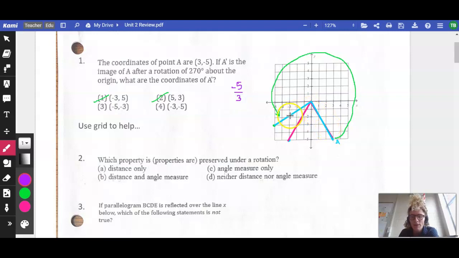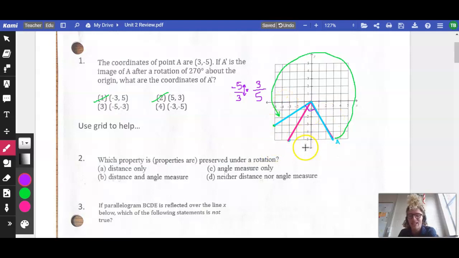The slope of this line, this one right here, is up 3 over 5. I can see that these numbers have flipped and the sign has changed. It went from being negative to being positive. That tells me for sure that these lines are in fact perpendicular.